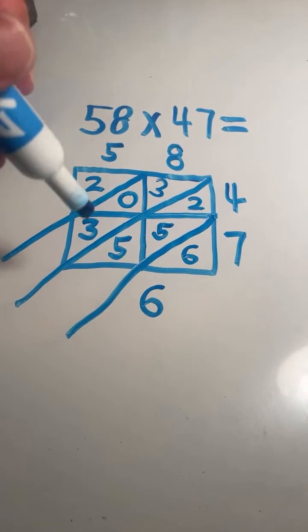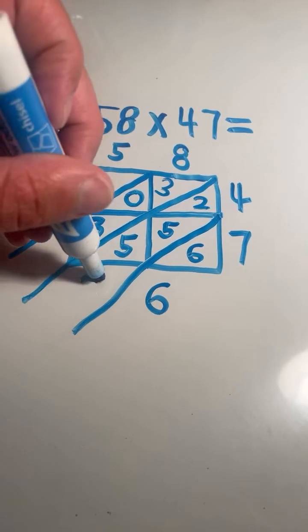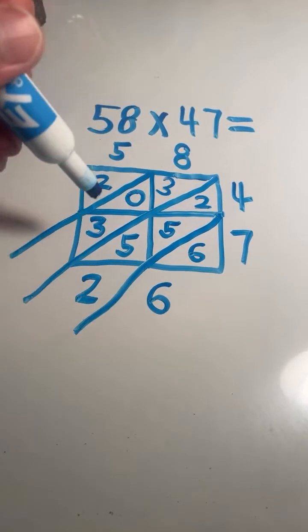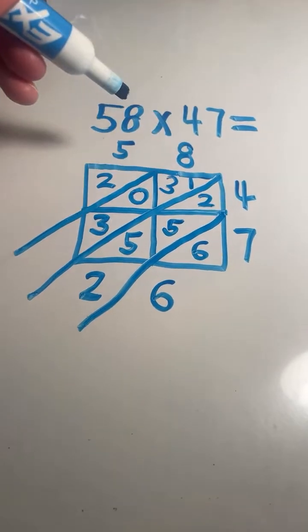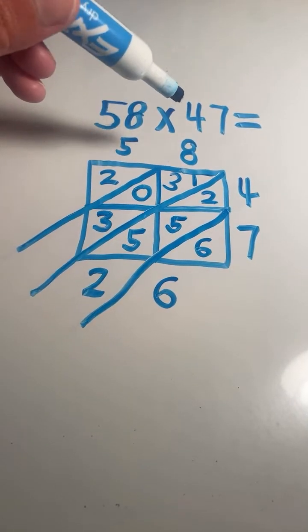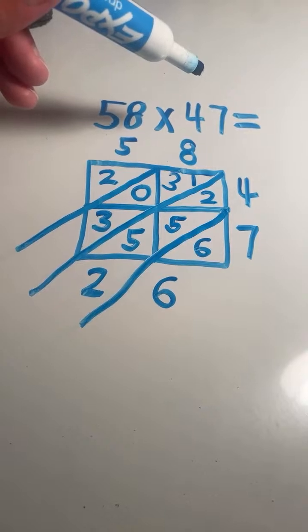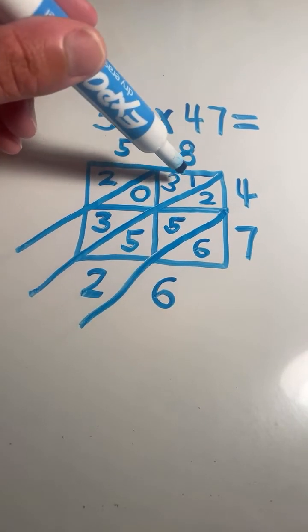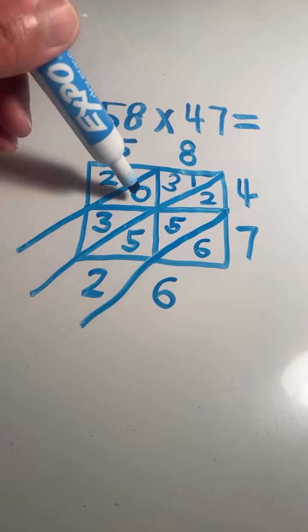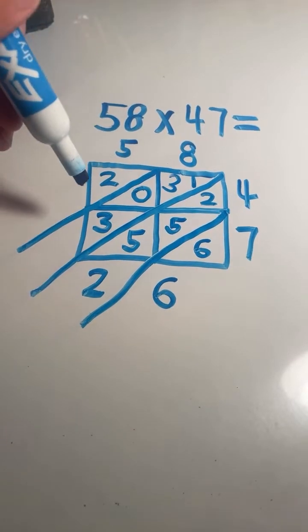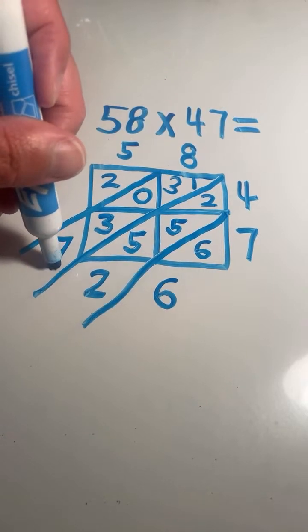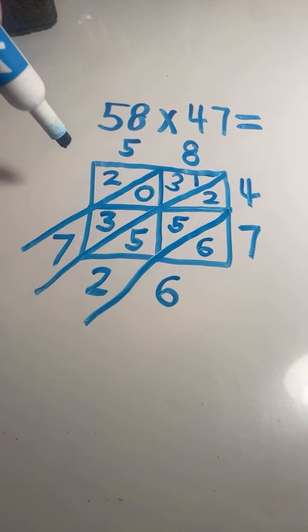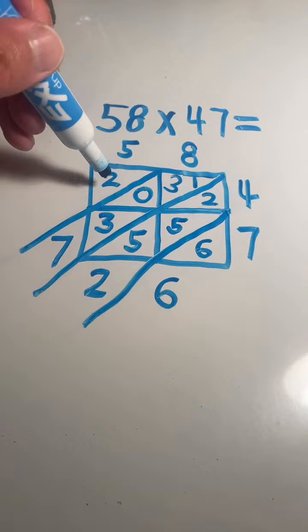Anytime we have a sum or product that's 10 or more, we have to regroup. So 2 in the tens place, the 1 is going to get carried over to the hundreds place. 1 plus 3 equals 4, plus 0 equals 4, plus 3 equals 7. Then the thousands place, the only number we have is a 2.